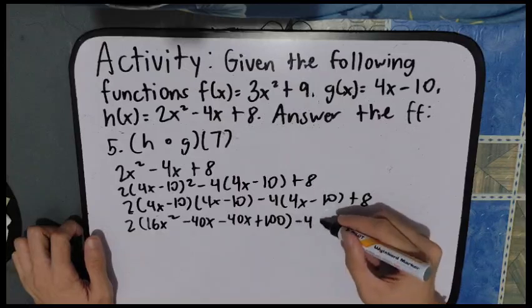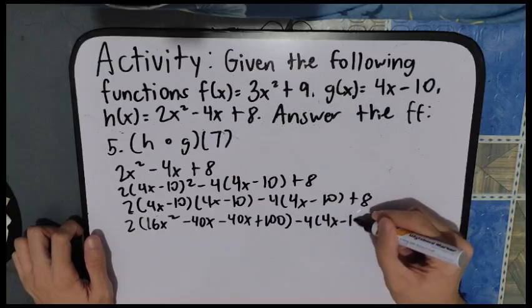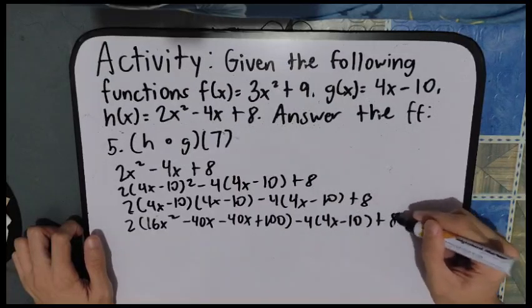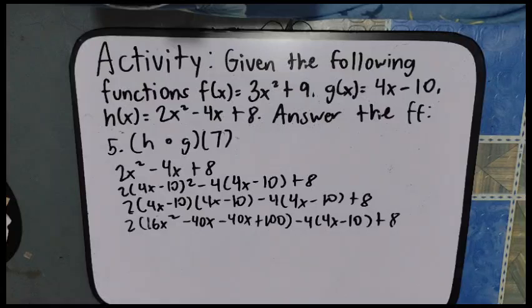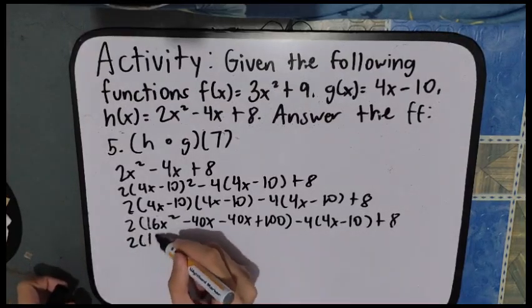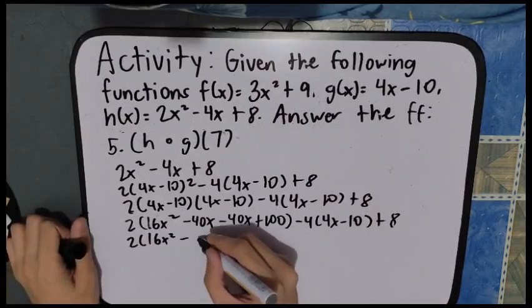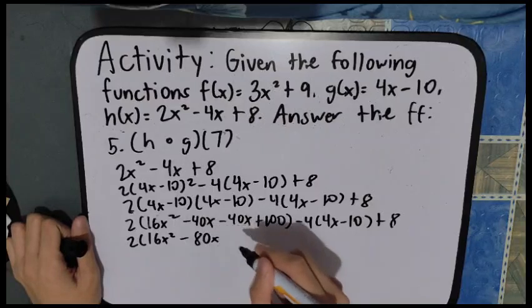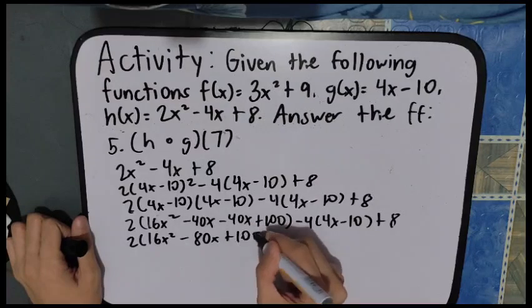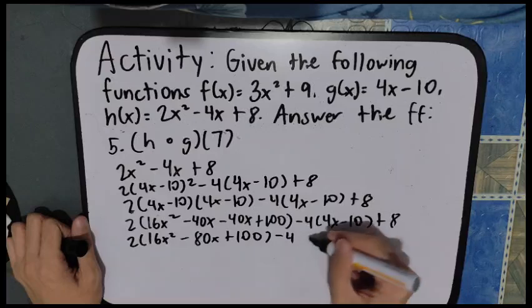Then copy. Plus 8. So let's combine like terms inside the parentheses. Negative 40x plus negative 40x, we have negative 80x. Then copy the terms.